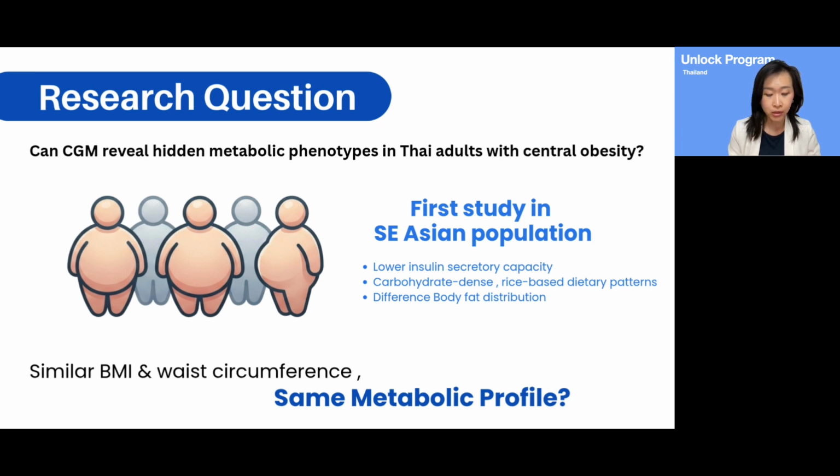And third, most previous studies rely on research-grade CGM systems, while the use of consumer-grade CGM devices for metabolic phenotyping was still uncertain. Our study was designed to address these three gaps.